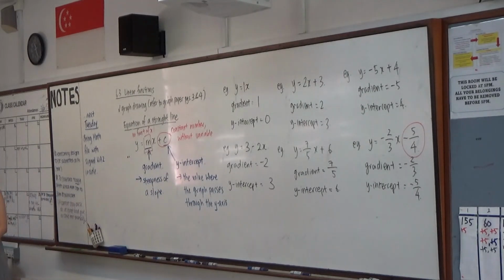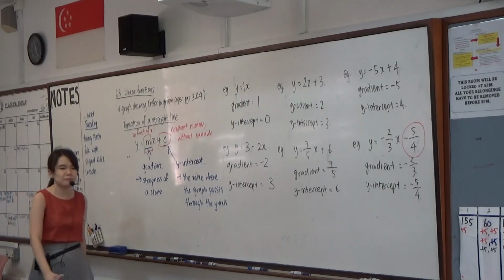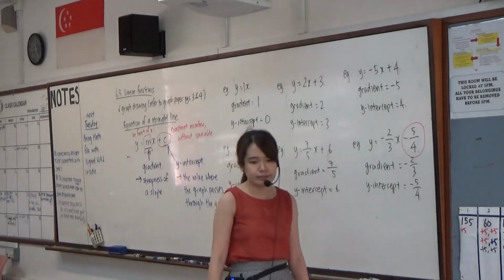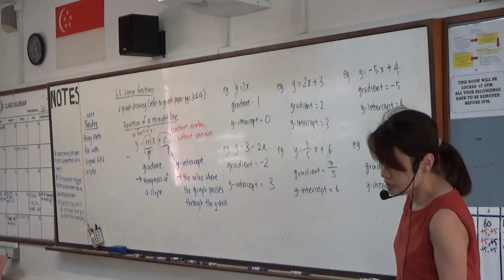It can be some other variable, maybe h and t. So are we clear about this?